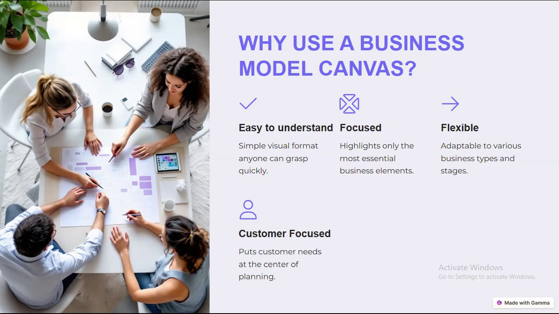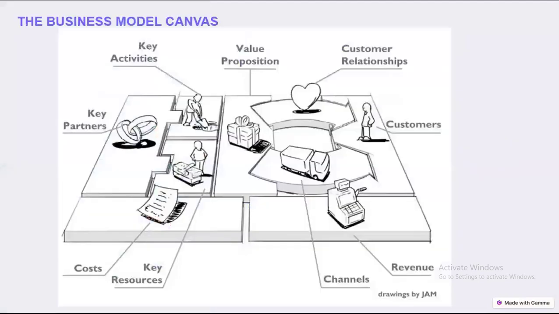Every other thing that is not important will not be found there. It's also flexible, meaning that it is adaptable to various business types and stages. And finally, it is customer focused, meaning that it puts the customer needs at the center of planning.